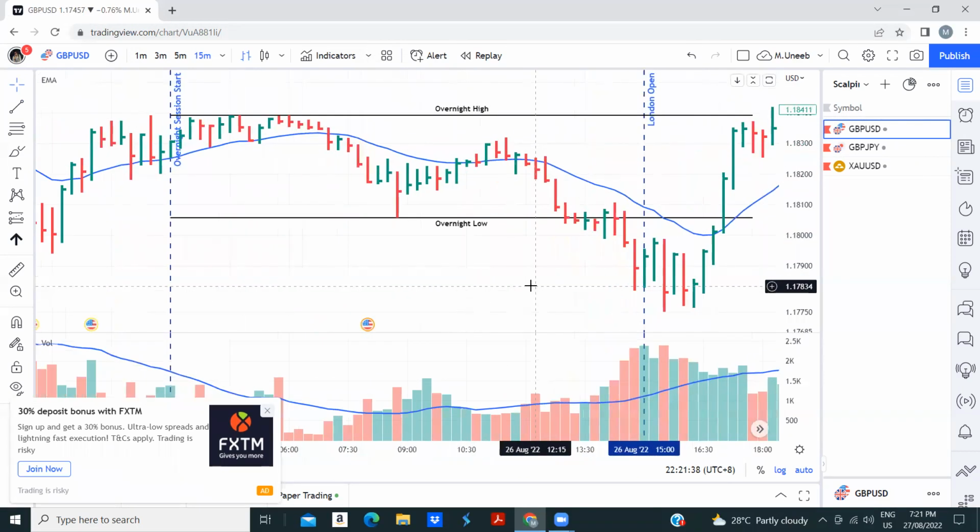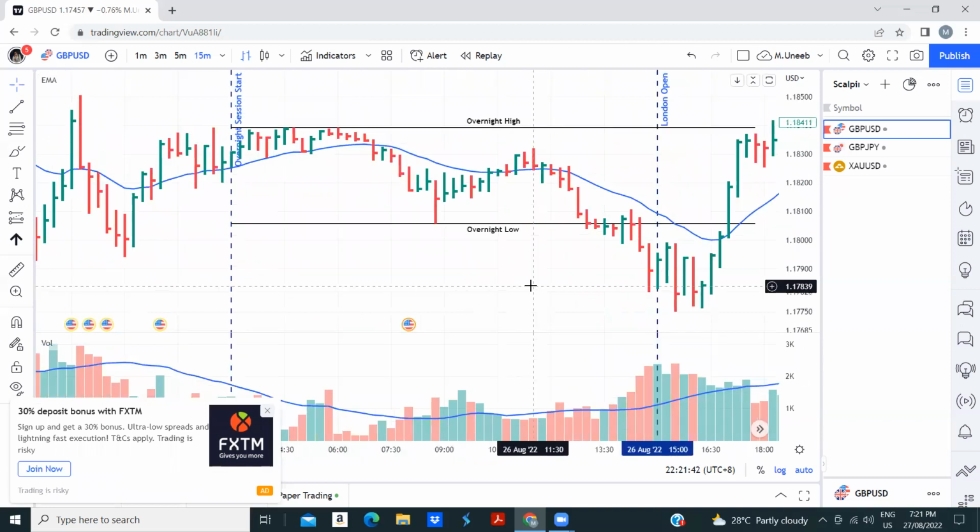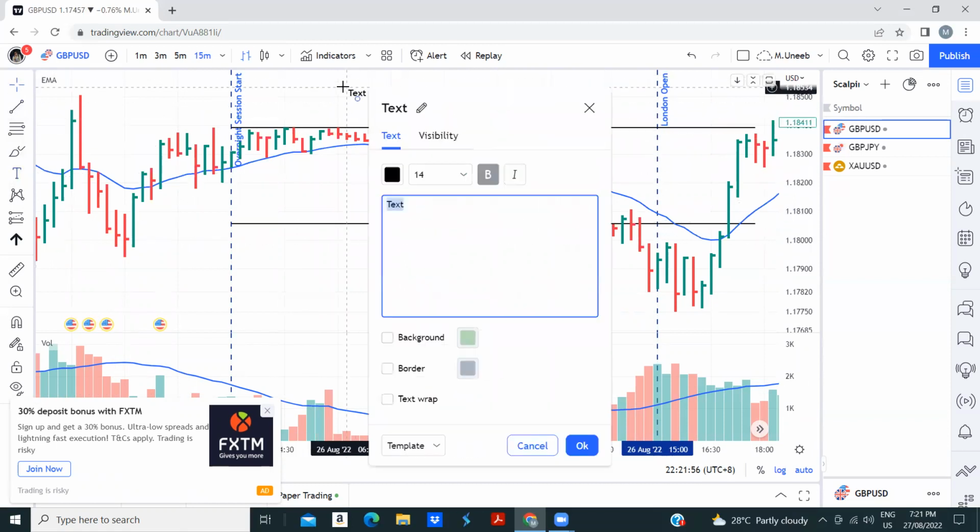So the first thing on the 15-minute time frame you need to determine is what the bias is. This overnight high and low is known as the overnight high and low. The area between overnight high and low is known as the overnight range. Got it?